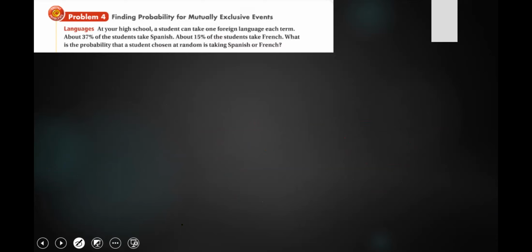Look here. At high school, a student takes only one foreign language each term. 37% of students take Spanish, and 15% take French.